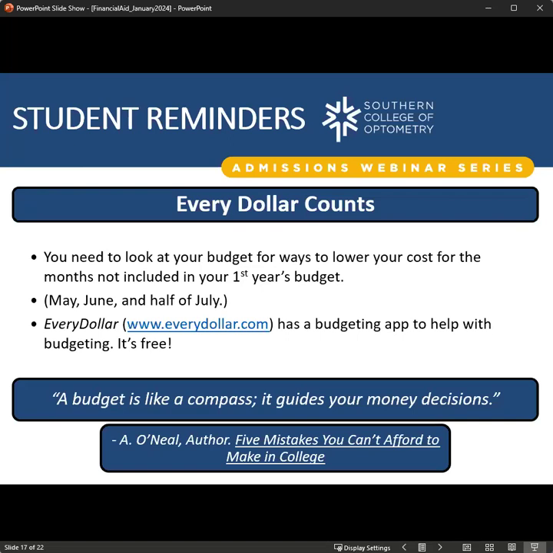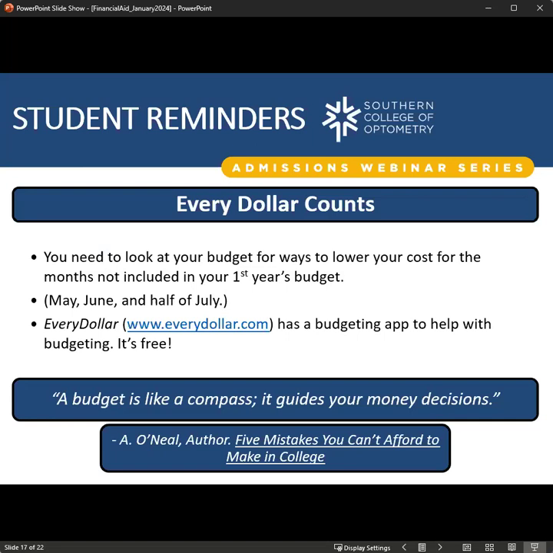So every dollar counts. We're emphasizing again that you need to live within your budget. If you move to Memphis, I think our first day of class for fall is September 3rd. So you will not receive funds until that day.